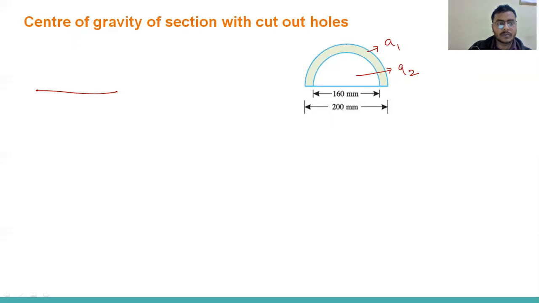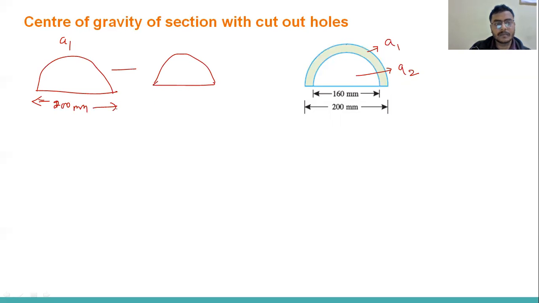I'm going to deduct the smaller diameter from A1. This diameter is 200 mm. The diameter for the smaller semicircle is 160 mm. Now I'm considering this one as A2. So by deducting, you will get this figure.